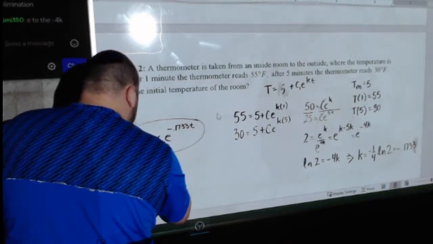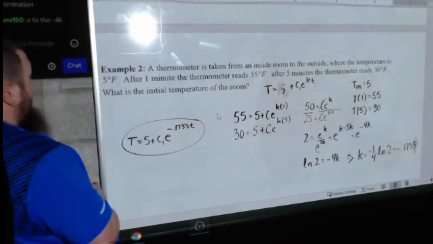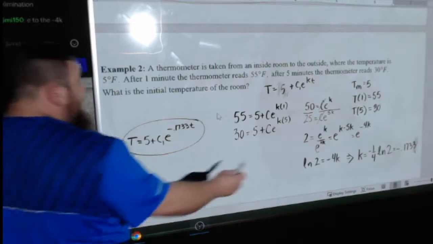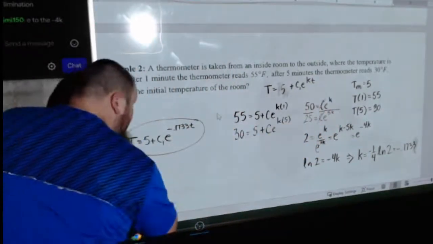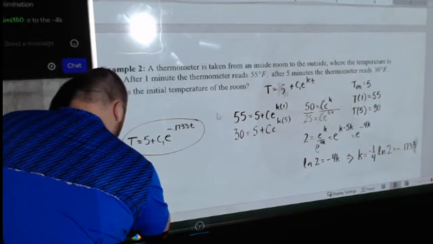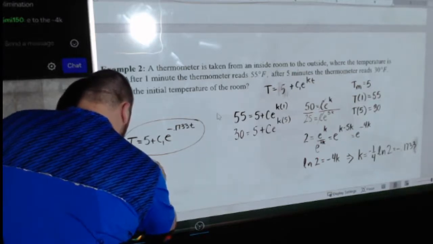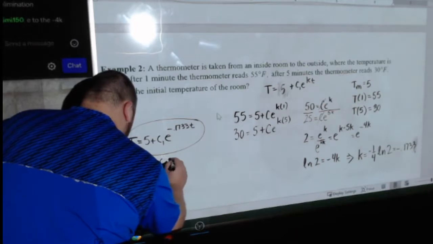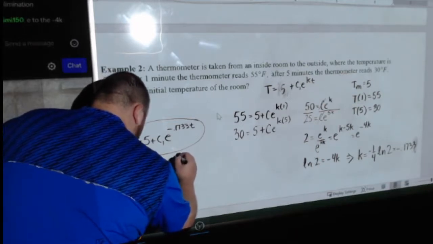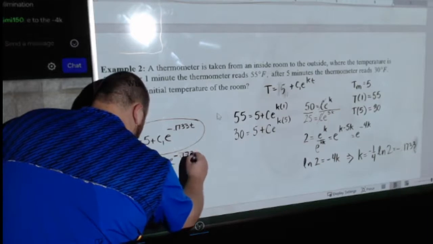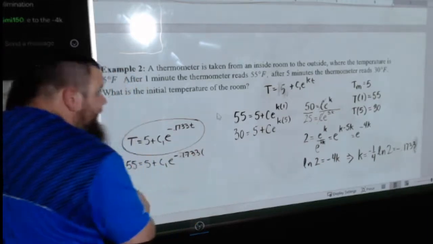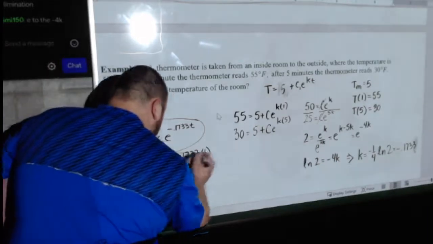But I still need C1, so I'm going to use this condition. It says that 55 equals 5 plus C1 e^(-0.1733) times 1.